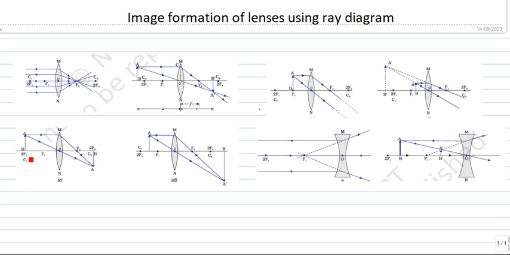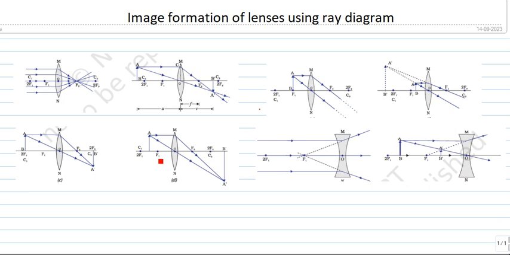An object placed at 2F1 will form an image at 2F2. Yes, so this image is the same size as the object, and real and inverted.